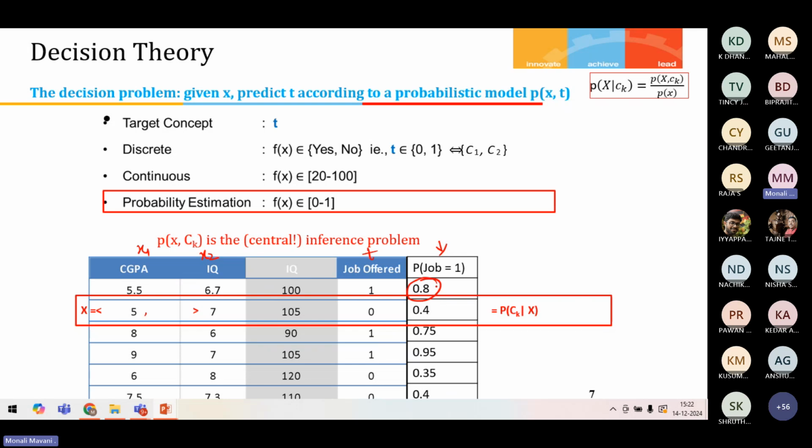That means it's 80% probability that a person having a CGPA of 5.5, IQ of 6.7 can be offered a job. So many algorithms give us output in terms of a probability. Logistic regression gives us output in terms of a probability. Naive Bayes gives us output in terms of probability. Even neural network gives us output in the form of probability. So there comes your understanding of probability theory should be very clear.